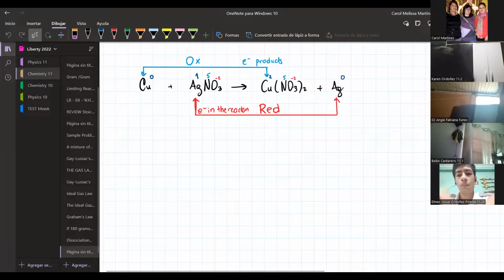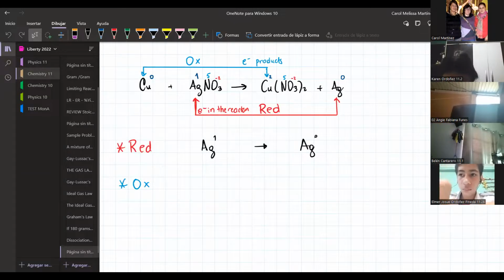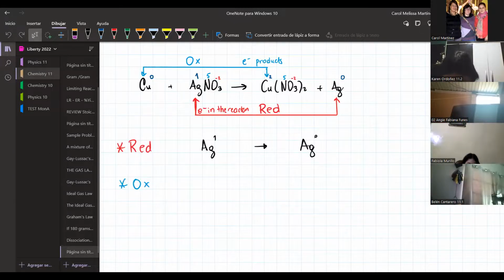So you get your reduction and oxidation half reactions, and you have silver 1, and then silver 0. How many electrons will I need to add? 1. One electron, because it's already balanced, okay? I have 1 silver on each side, so just 1 electron to be balanced.